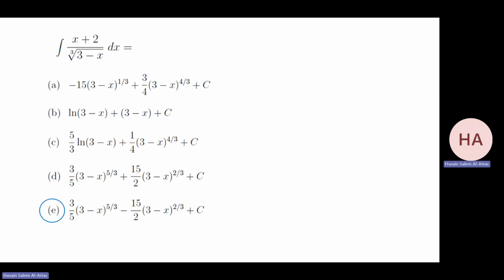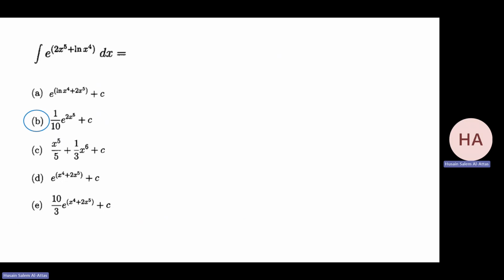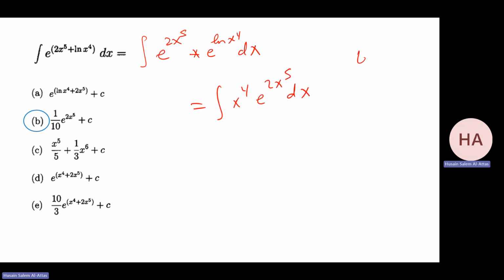I need to do these two, then I will stop. Okay, this one you need to deal with the exponent. That will be e to the power 2x to the power 5 times e to the power ln x to the power 4 dx. So that is x to the power 4 e to the 2x to the power 5 dx. You let u equal 2x to the power 5.